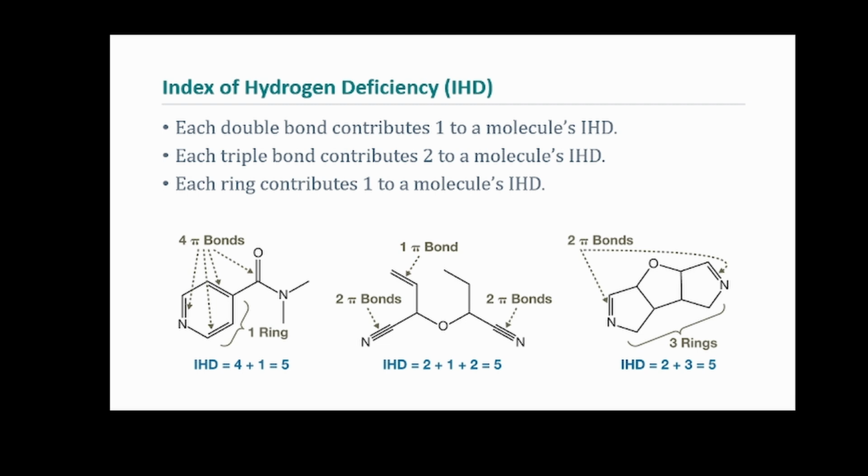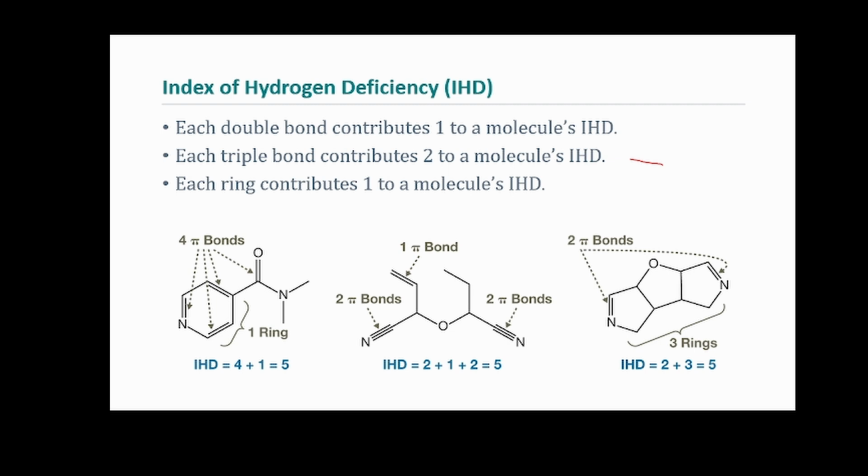A triple bond takes 2 hydrogens off each carbon, but for the triple bond it's 2 in total. So if you had 2 triple bonds, it would be 4. But a single triple bond is only going to contribute 2 to the IHD. Does that make sense?